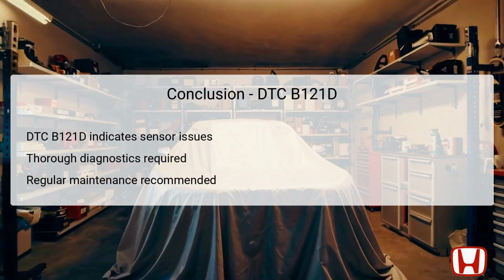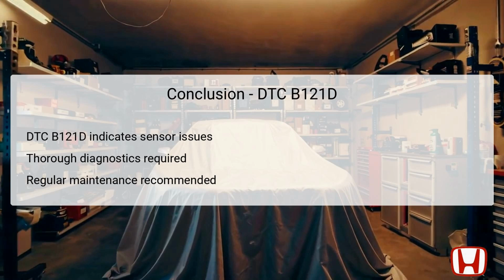In conclusion, DTC B121D signals a significant communication error between the humidity/in-car temperature sensor and the climate control unit in Honda Civic models from 2011 to 2015. Addressing this issue thoroughly through the outlined troubleshooting steps is vital for ensuring the proper function of the climate control system, contributing to passenger comfort and safety.